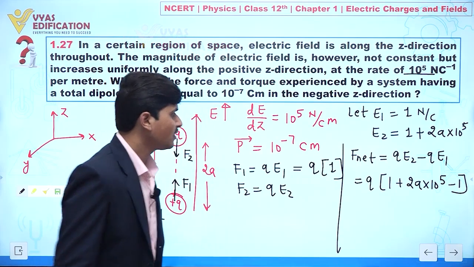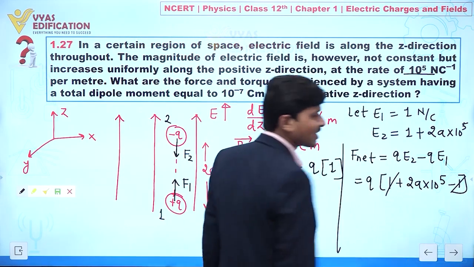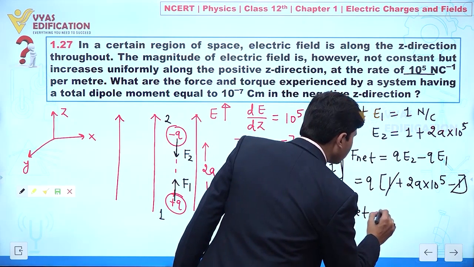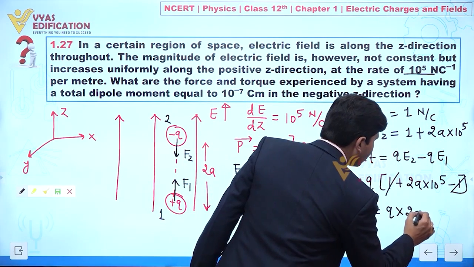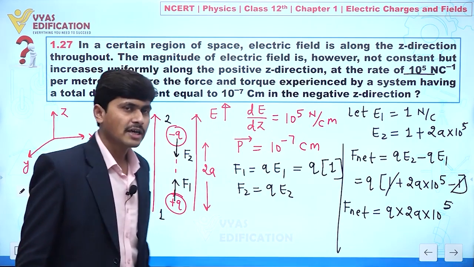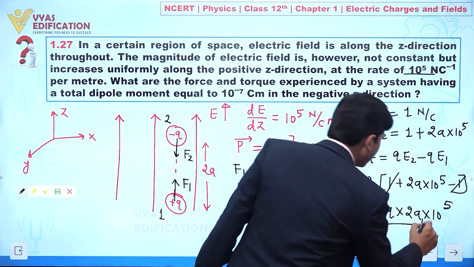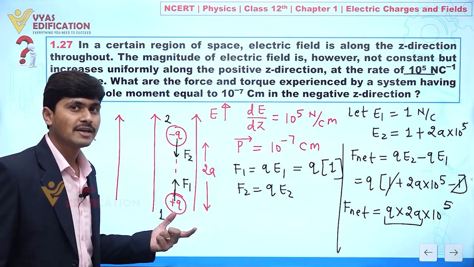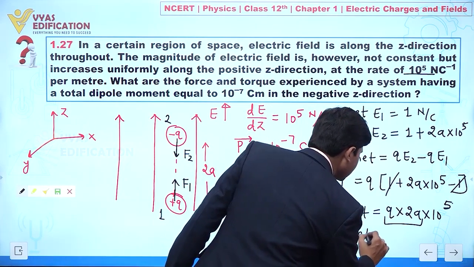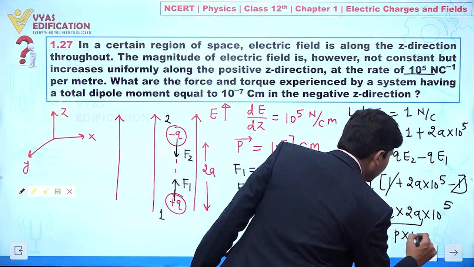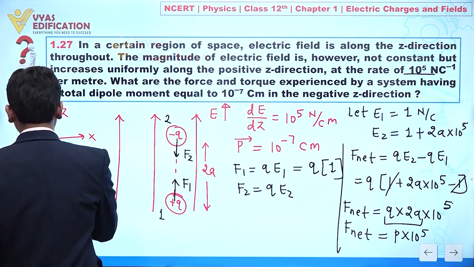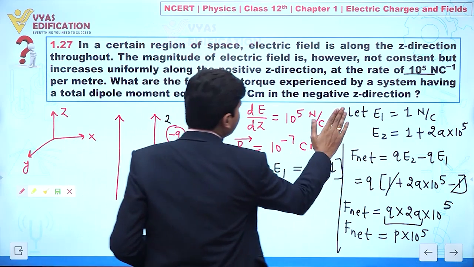So 1 and 1 cancel out. From here we can write F net equal to Q into 2a into 10 to the power 5. Q into 2a, what is this? The electric dipole moment. So F net is given by P into 10 to the power 5. From here, we can calculate the net force.